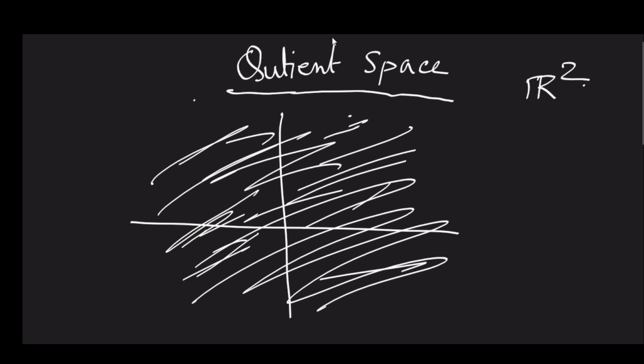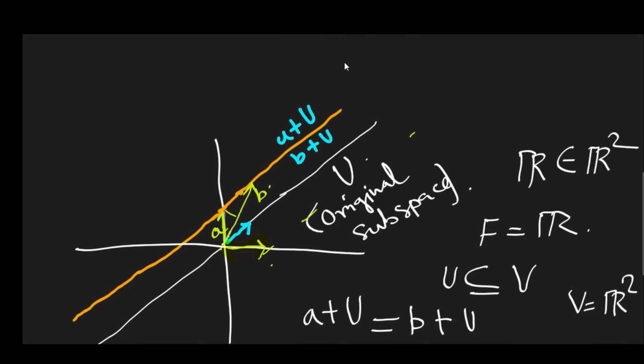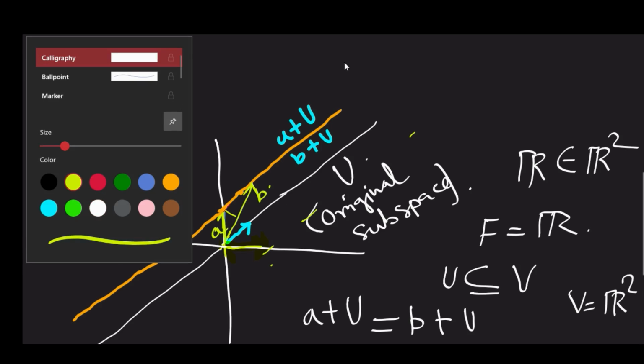Let me try to explain this from the geometry. See here, if you try to figure out the B minus A vector, how can you find it? Obviously it's very simple.